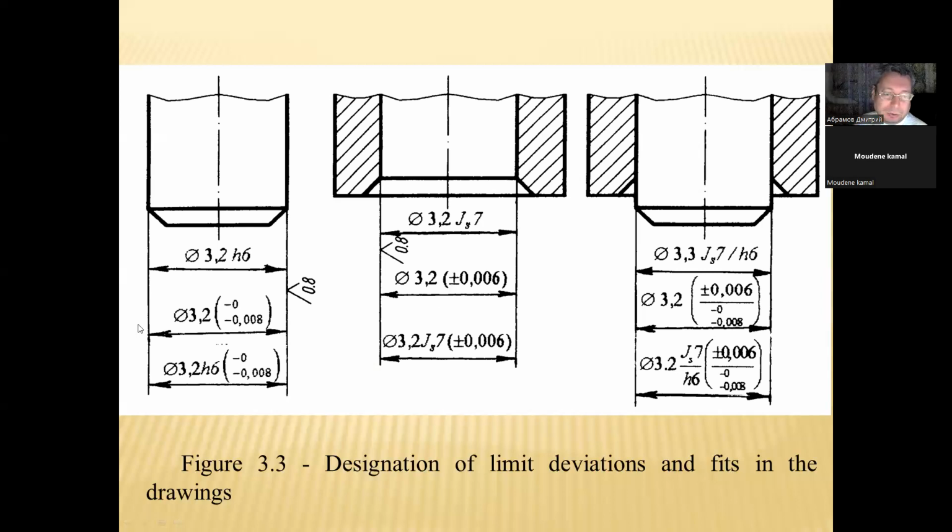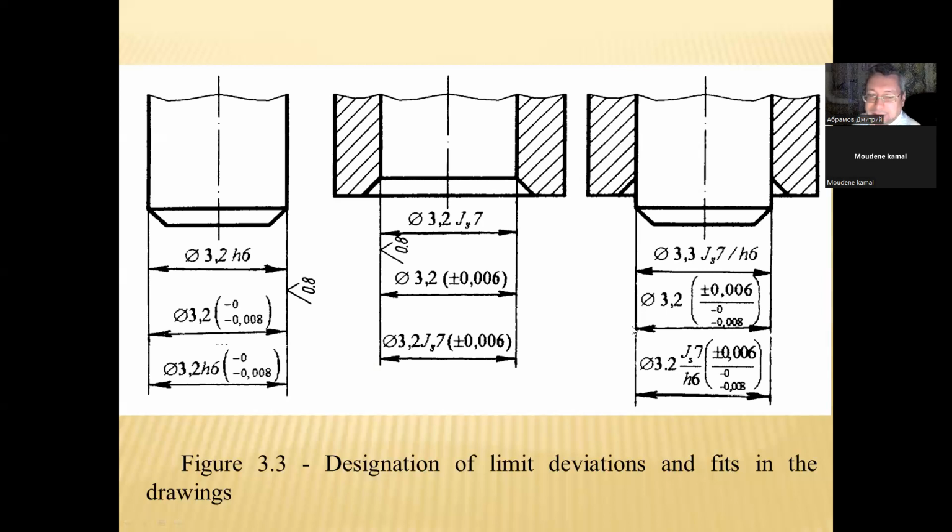Another variant of designation of limit deviations and fits in the drawings: we use only limit deviations, nominal diameter, upper limit deviation and lower limit deviation. It's the dimension of the hole, upper limit deviation plus 0.006 and lower limit deviation minus 0.006.